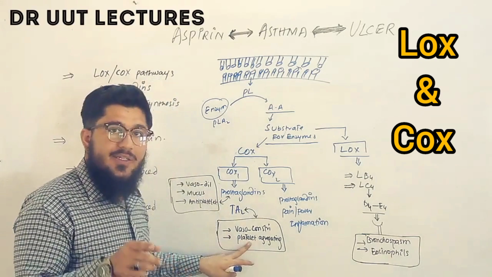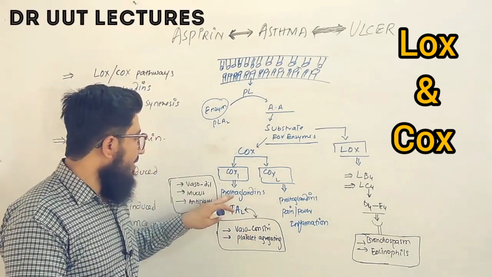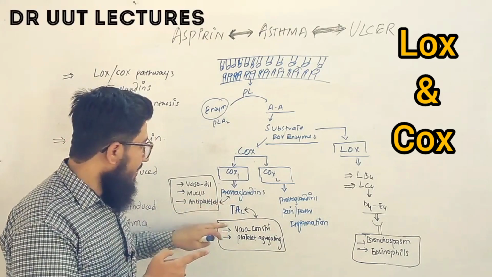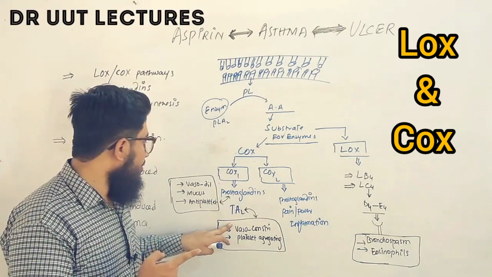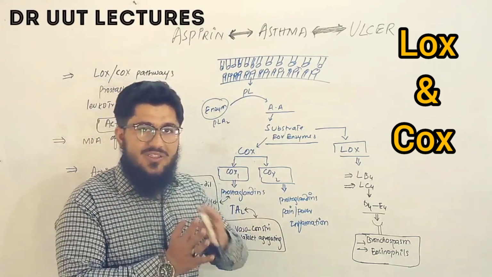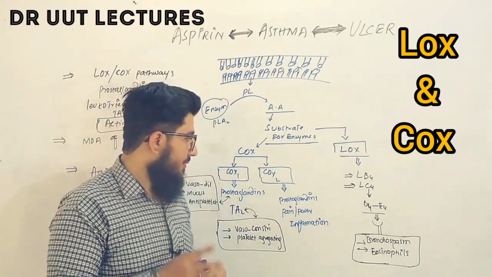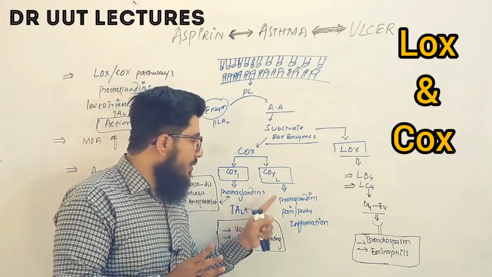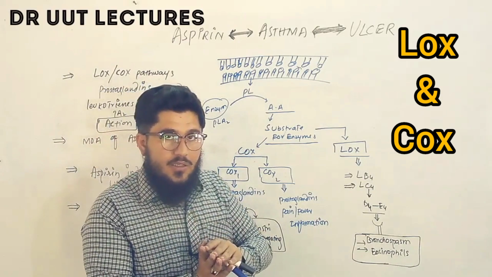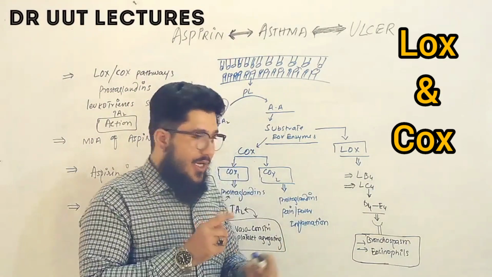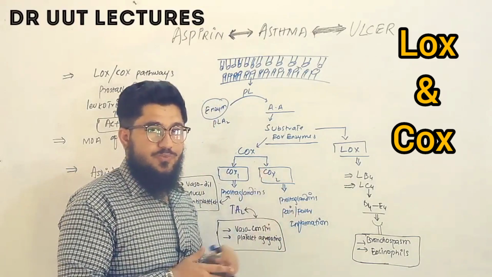Thromboxane is acting like a platelet aggregating factor, and prostaglandins are acting as an anti-platelet. It is doing vasoconstriction, whereas the prostaglandins are doing the vasodilation. So these are maintaining the homeostasis. In short, the prostaglandins produced by COX-2 are responsible to maintain the pain, fever, inflammation. These are the actions of COX-2.